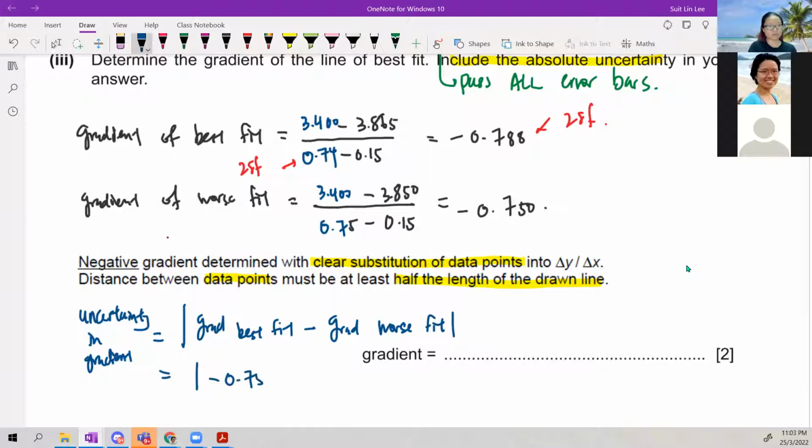So negative 0.788 minus negative 0.750. Teacher, why don't we use the half range method? Because we didn't find the maximum gradient line. We just look for the worst fit line. This is 0.038.